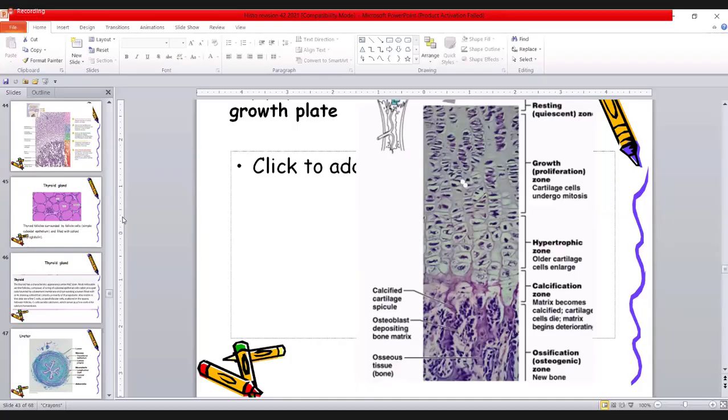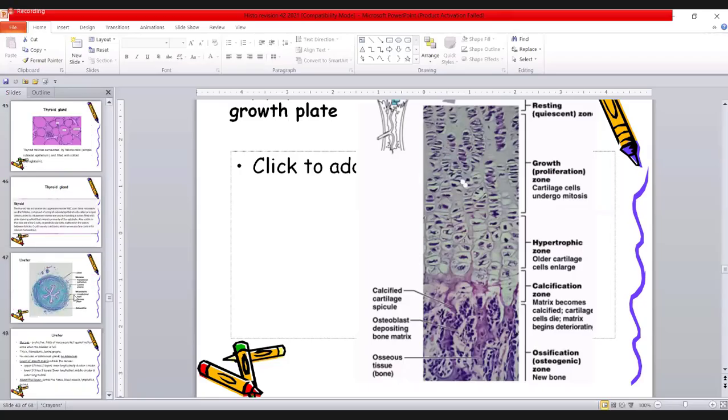What else? They both have a contribution to C cells. Okay, go and read your embryology and find where the parafollicular cells originate from. Right.